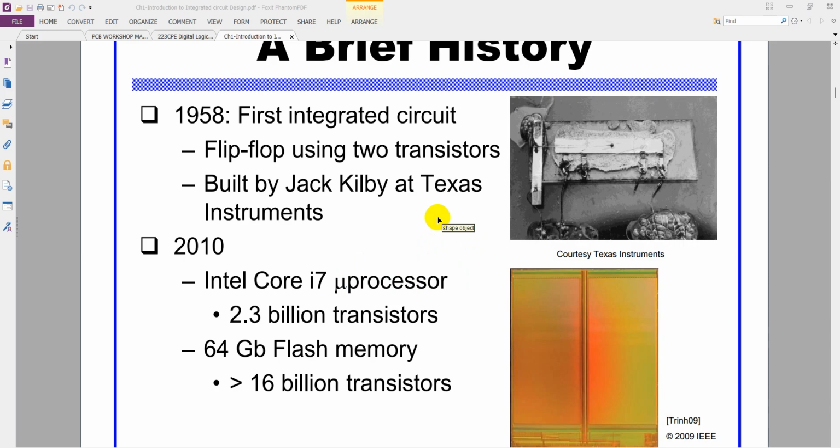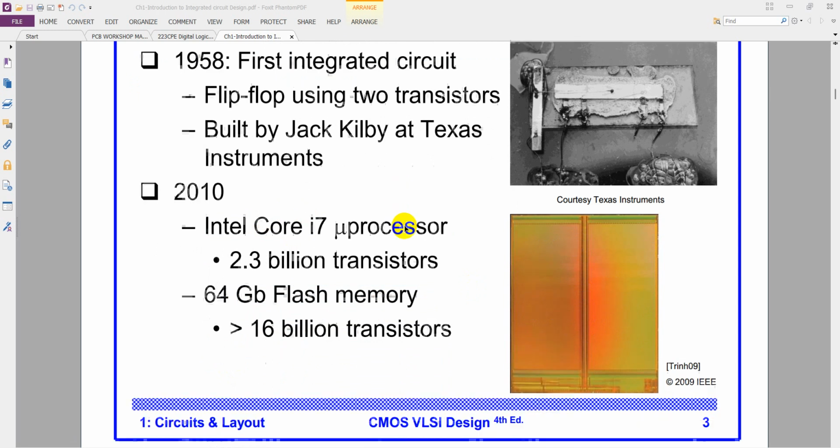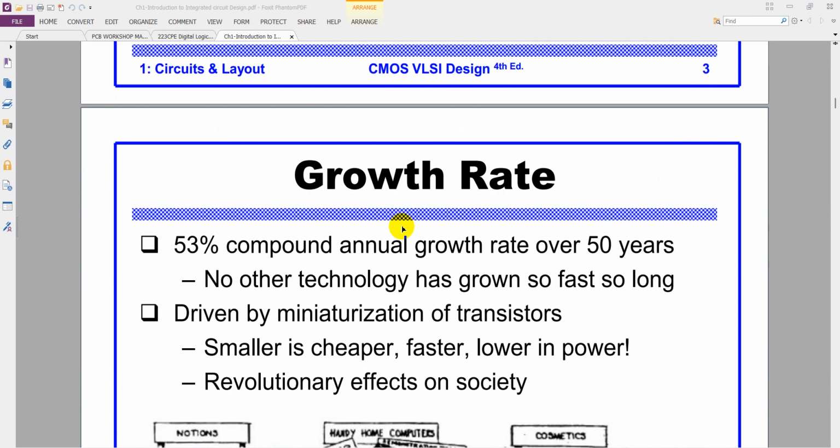In 2010, Intel built the Core i7 microprocessor with 2.3 billion transistors, and a 64 GB flash memory with 16 billion transistors. It is very huge, and the processor looks like this. So now we are evolving at a very fast rate.